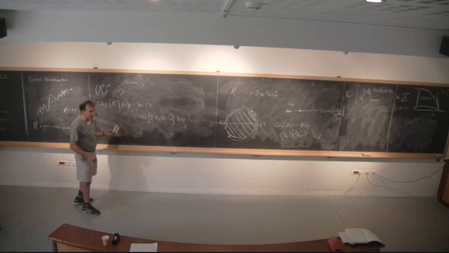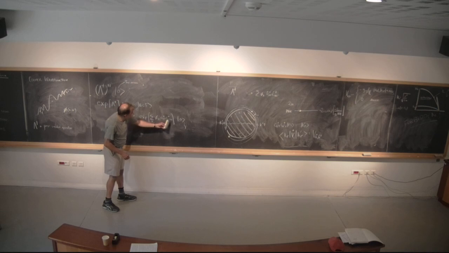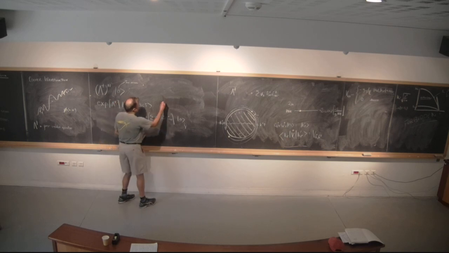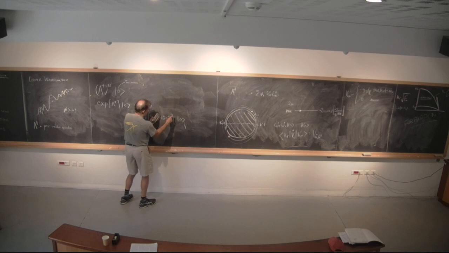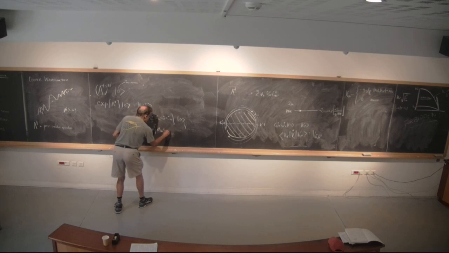Now, the beautiful thing about this exponential here is that it's diagonal in momentum space. And since the operators at different k commute with each other, the lambda terms at different k commute with each other, we can write this as a product over k of the individual operator.